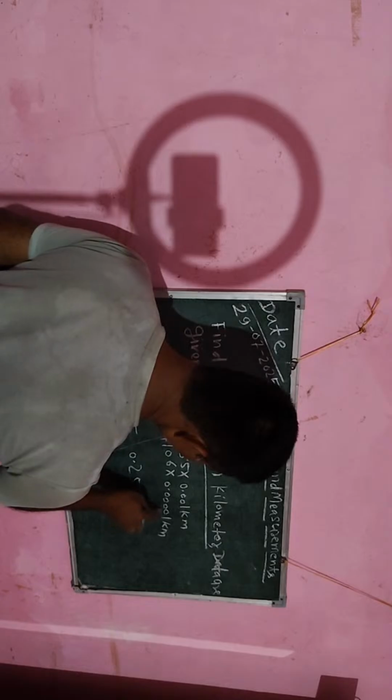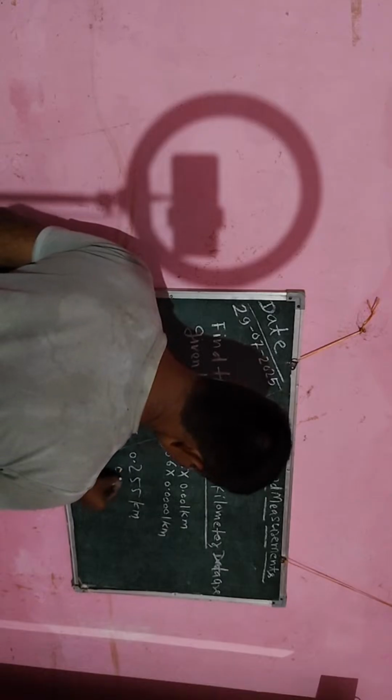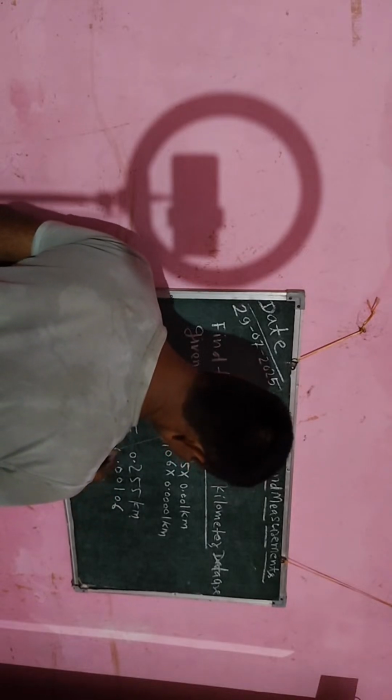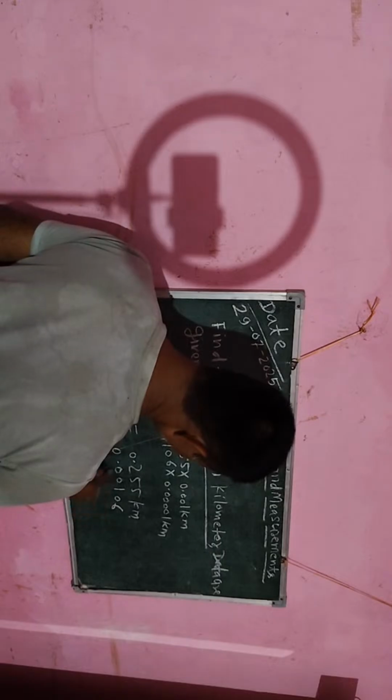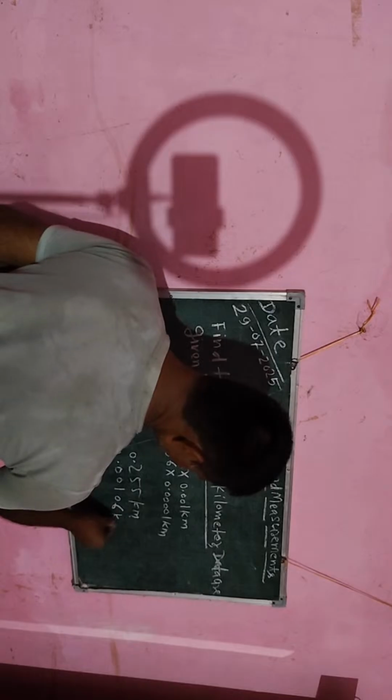So here 1 2 3 4 5. So here I will write 1 2 3. So 2 0 I will also substitute here. So 1 1 0 6, and here will be 5. 1 2 3 4 5. So here it will be in kilometer.